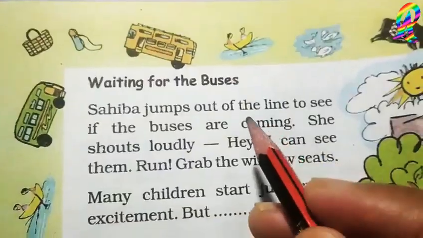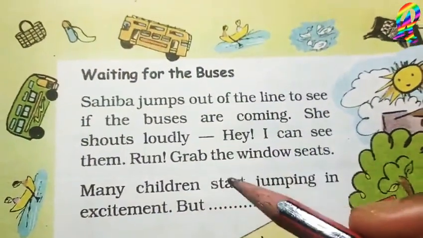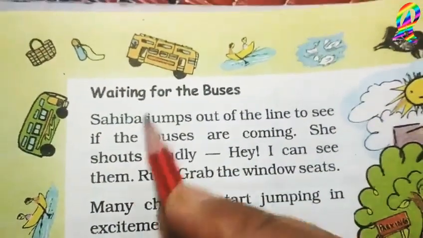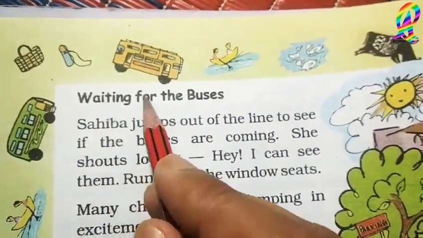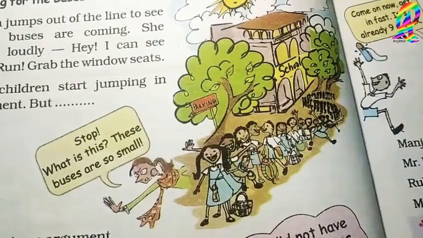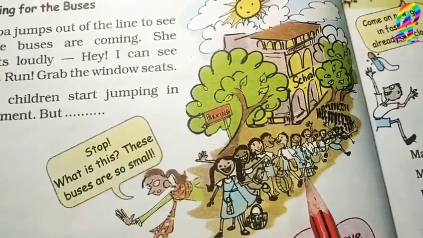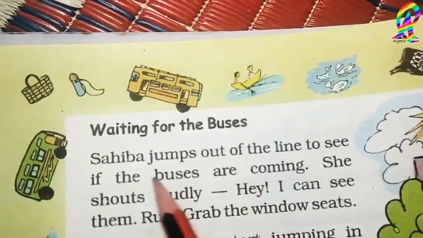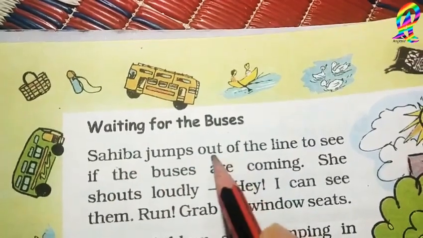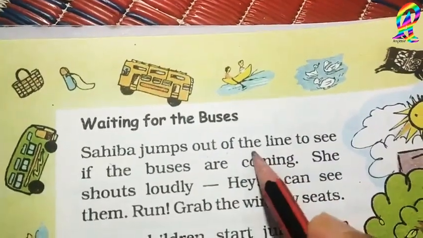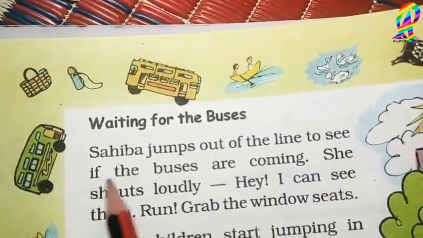Here you can see page number 24. Waiting for the buses. Here you can see all children are waiting for buses. Sahiba jumps out of the line to see if the buses are coming.